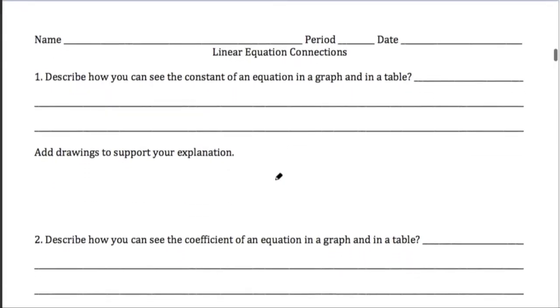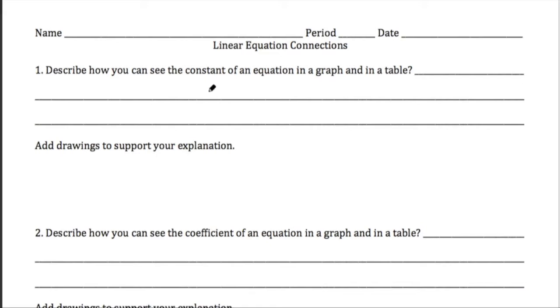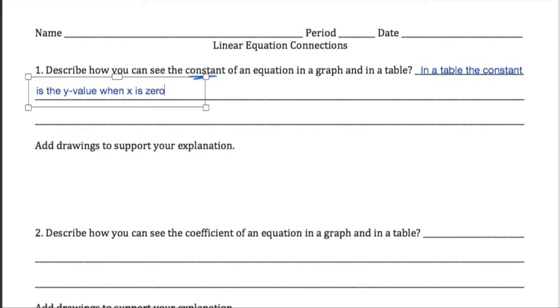So let's try to recap some of the things that we've talked about in the last 2 lessons. Let's first talk about constants. How do we see a constant in an equation and in a table? So let's start with in a table, since we just came from that. In a table, the constant is the y value when x is 0.